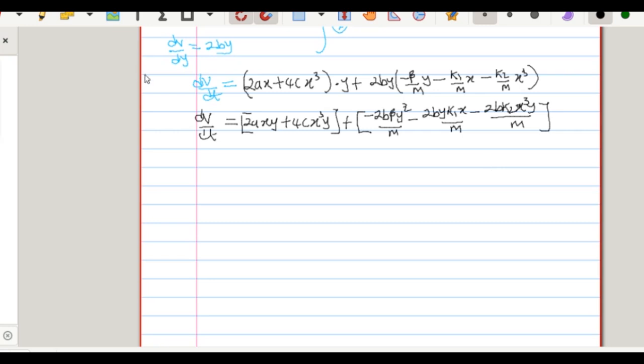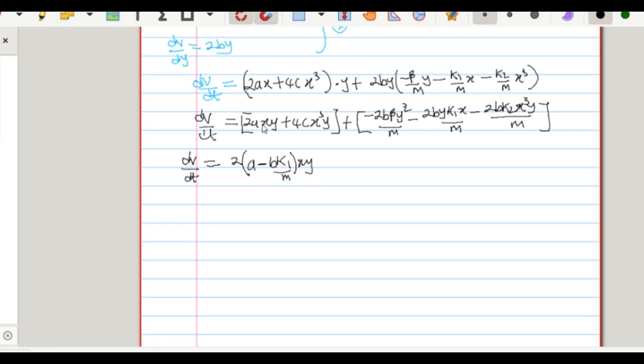We can collect some like terms from here. dV dt could be equal to 2 into a minus b k1 over m, into xy.